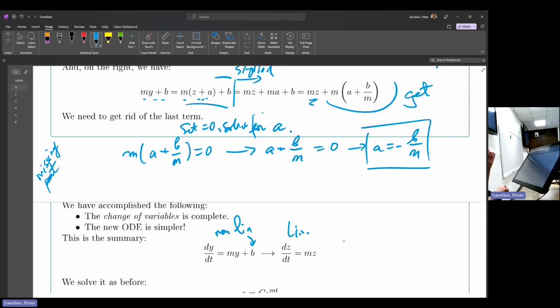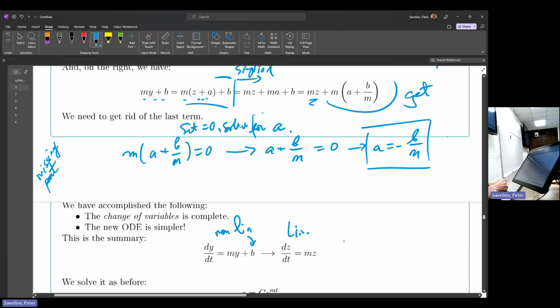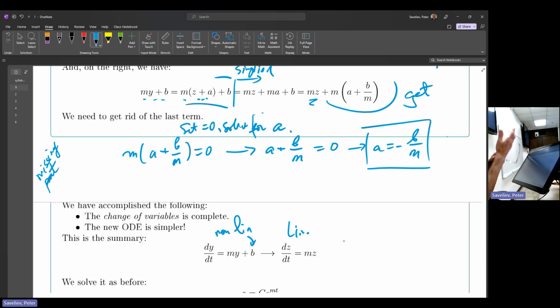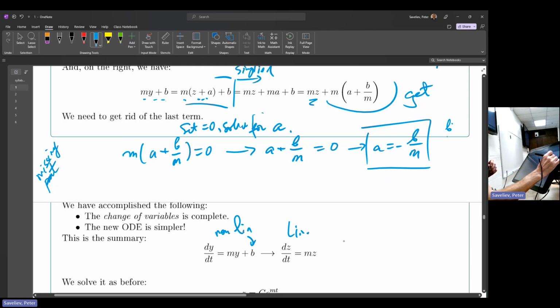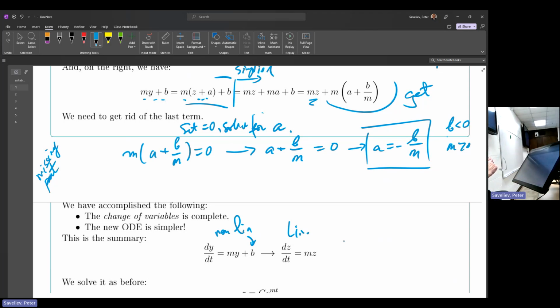Let's set it aside for a moment, and then you can try to interpret the meaning of b over m. Remember, b is the influx, and m is the growth coefficient of your population, or decay for that matter. If in the example that we consider B is positive, hold on a second, B is people moving out while M is positive, which means it's a good city, so the natural population growth is good, but we actually want people not to stay.